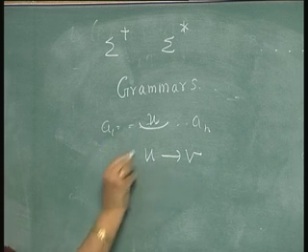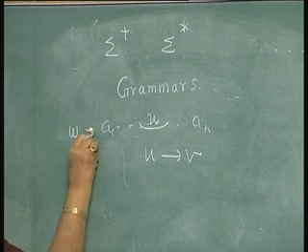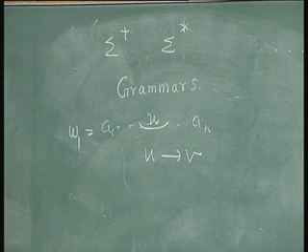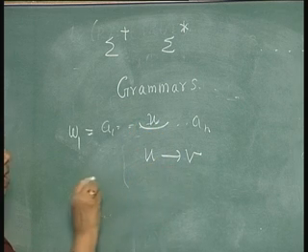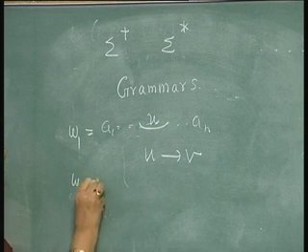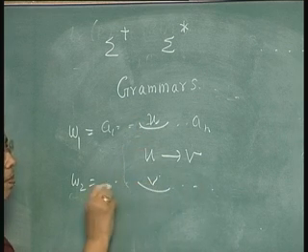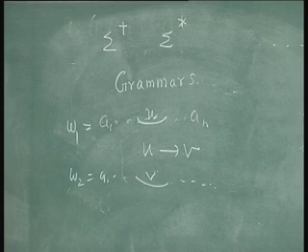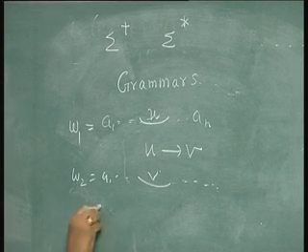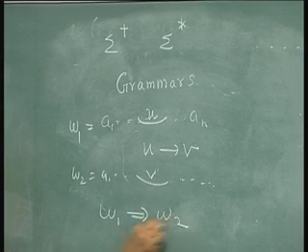So, from this string W1, a string over some alphabet, if u, a portion of it, is replaced by v, but the rest of the string remains, then you get W2. This is usually denoted by W1 derives W2.